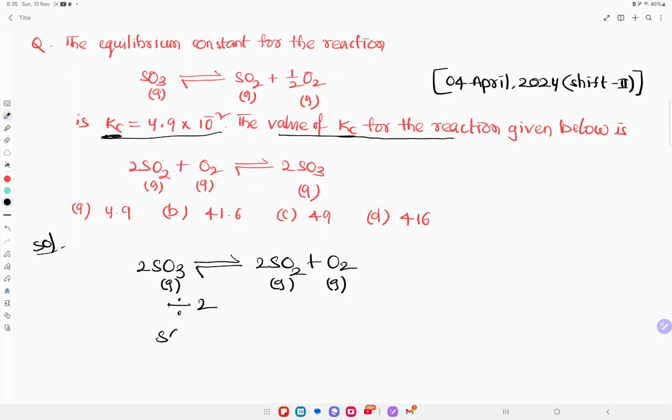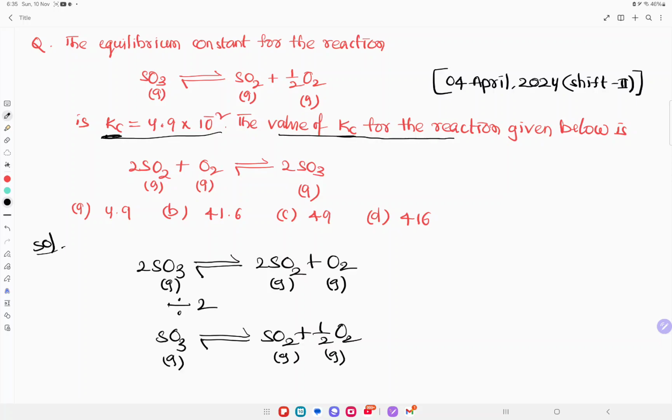Then what we get? SO3 gas gives rise to SO2 plus 1/2 O2. Here the coefficient 1 divided by 2, and 2 divided by 2 is 1. So by writing it in the opposite direction and by dividing by 2, we are getting equation 1.